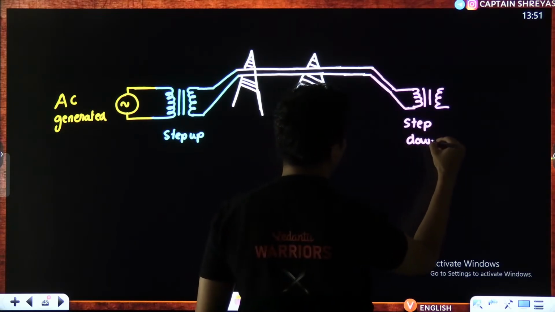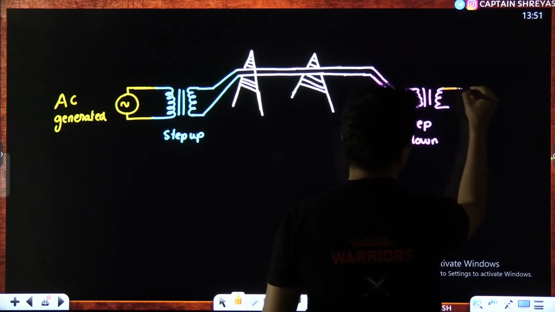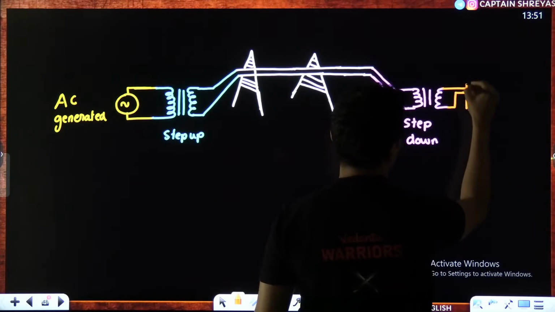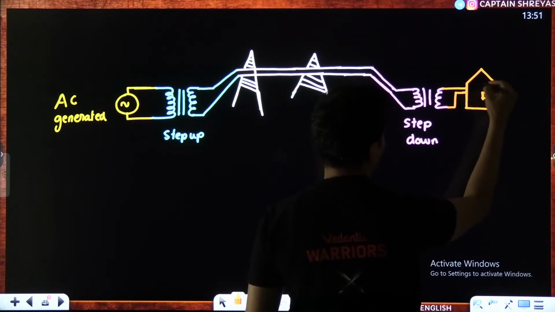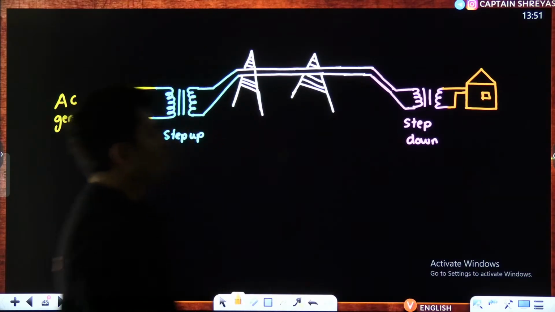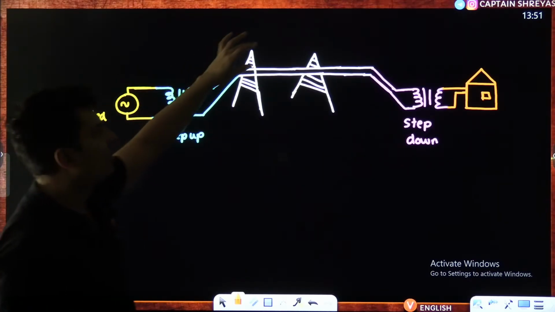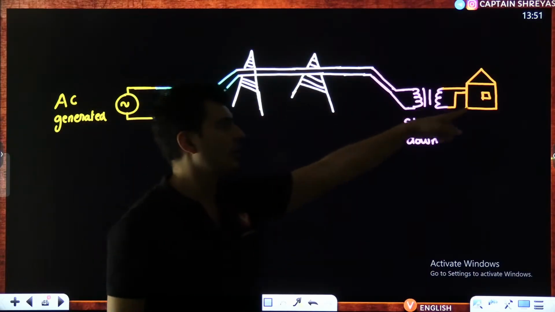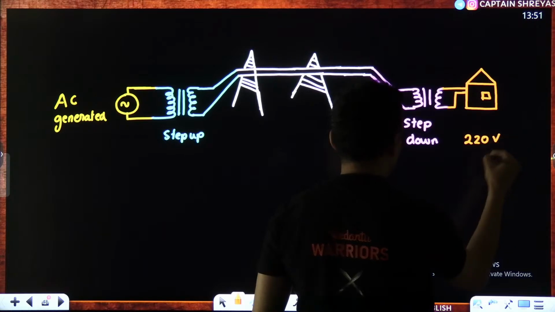The step down transformer is used, and finally it enters your house. So here the voltage might be some 10-20 volts. It is taken to some 20-30,000 volts. Again, it is brought to 220 volts. So usually it is 220 volts here.